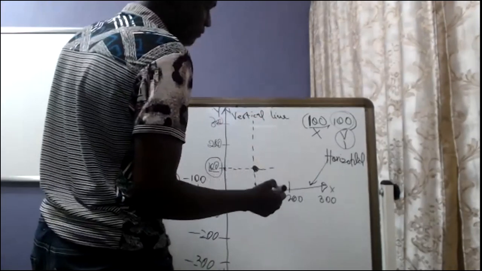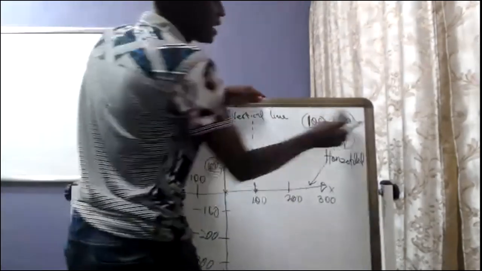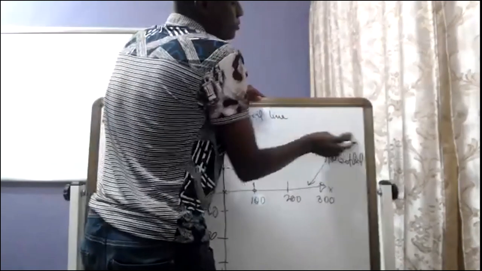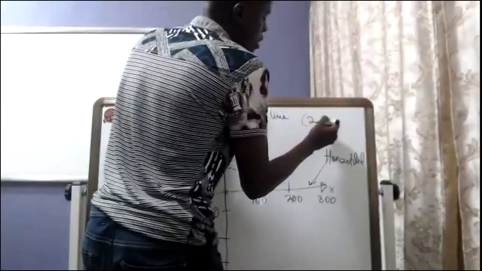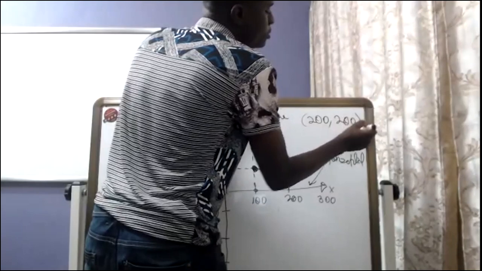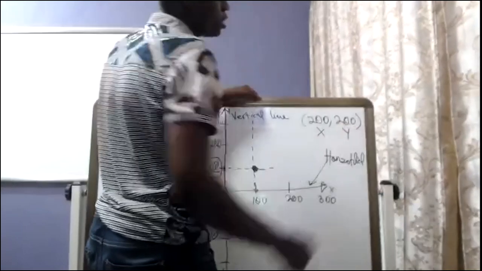So if I write the numbers, 200, 200. How are we going to go about finding where the dot will be, Audrey?